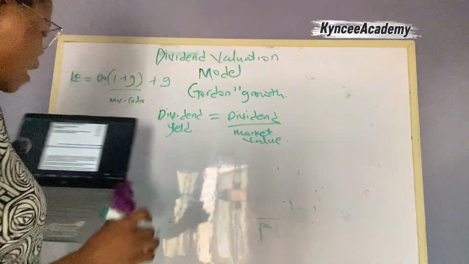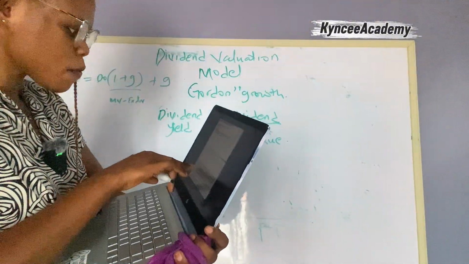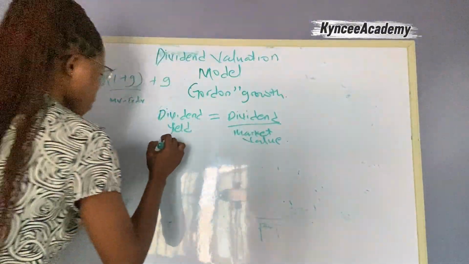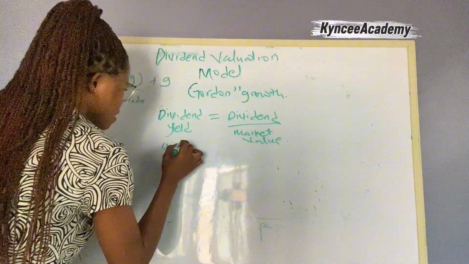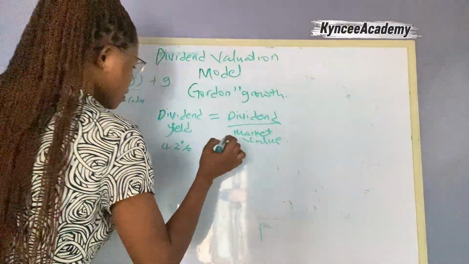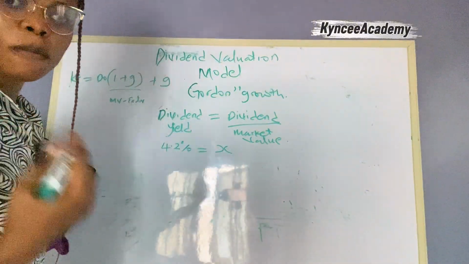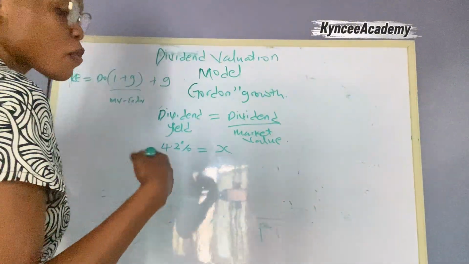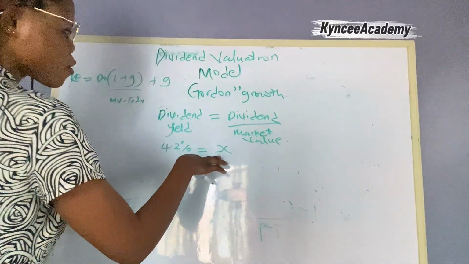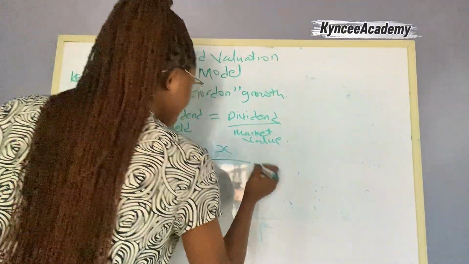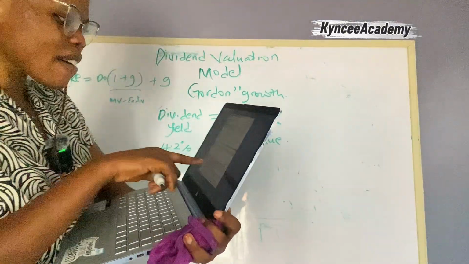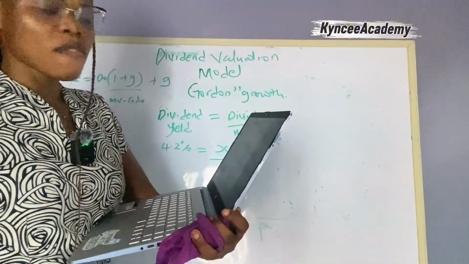Now, our dividend yield in this question is 4.2%, then equals x, because dividend is not given. You understand? We don't know the figure for dividend, so we are going to assume it to be x. Then the market value they gave us is 276 kobo.